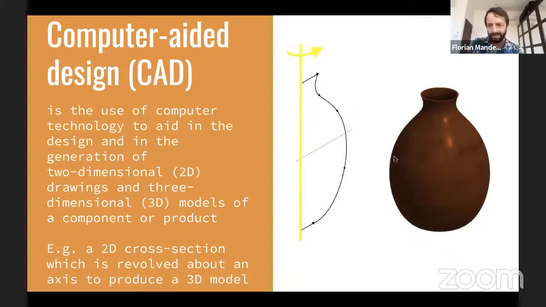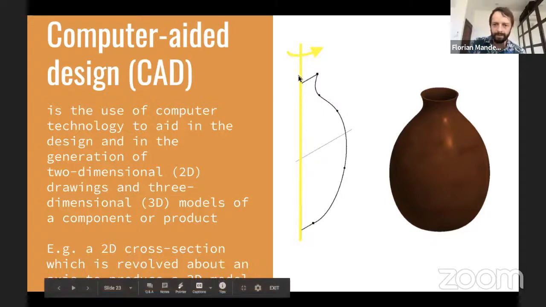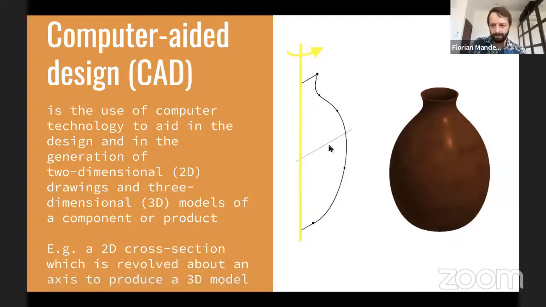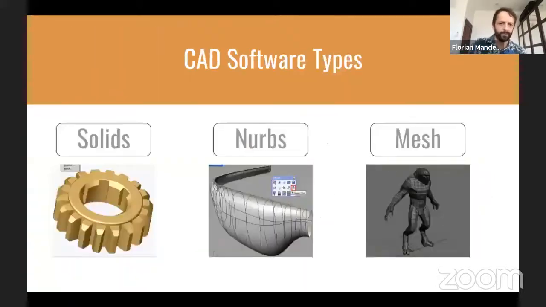I'm using the base here again, you can see the profile, and this is revolved around an axis. That's how you create, in the most simple way, a 3D shape that can be 3D printed later on. That's where CAD helps you to go from ideas, from 2D sketches, into 3D.